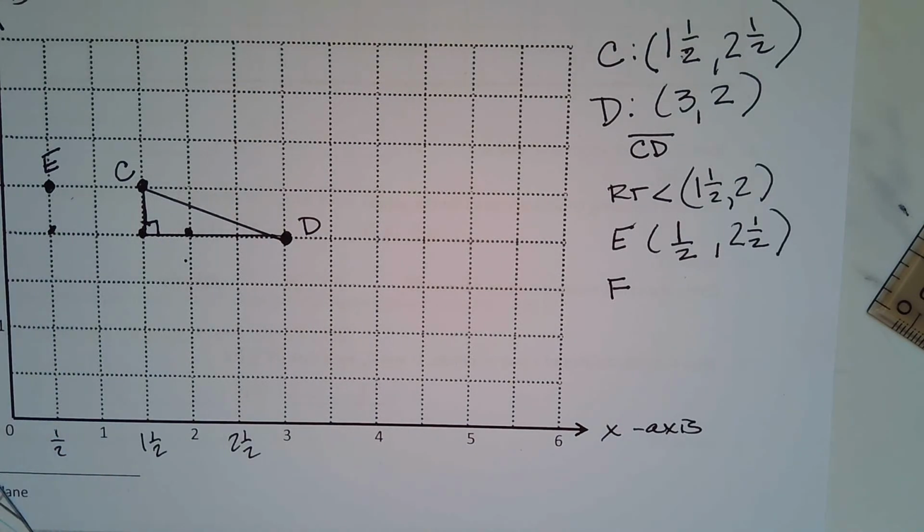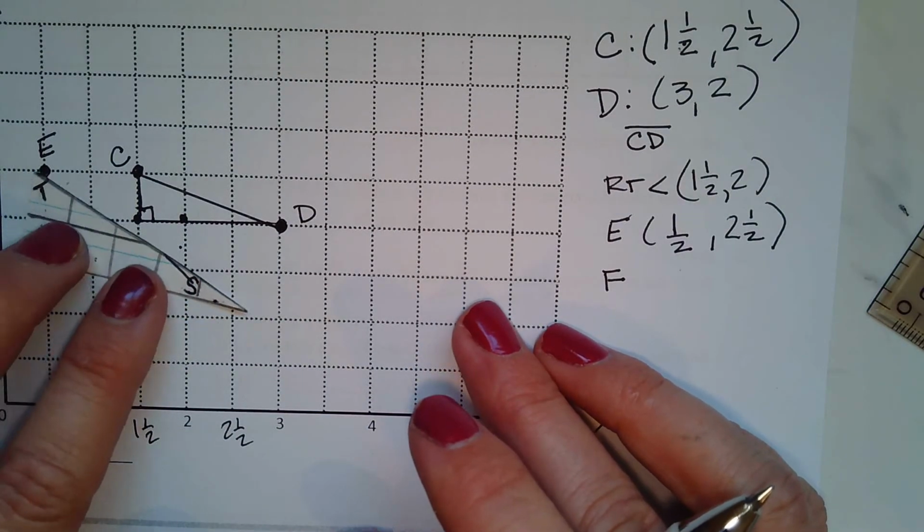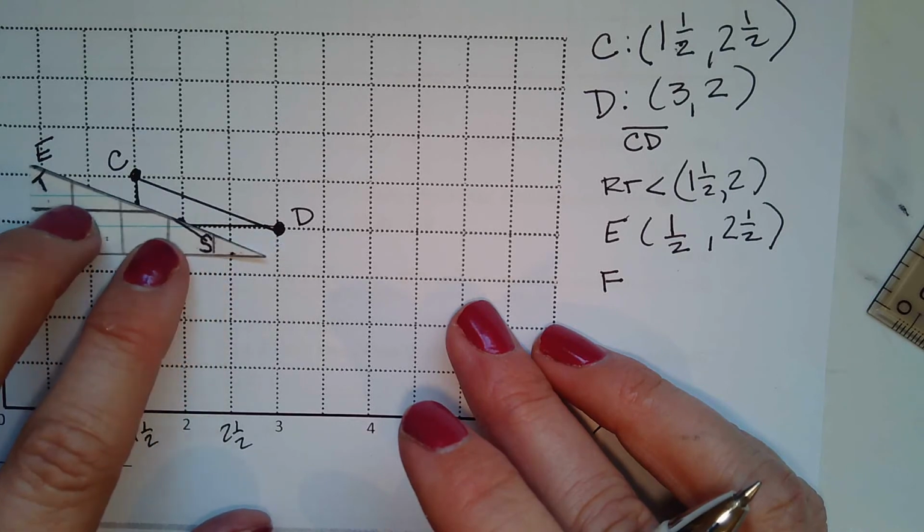Now I want you to plot point F on the plane that when connected to E will create a segment that is parallel to CD. So it's going to be parallel. It's moving along here.